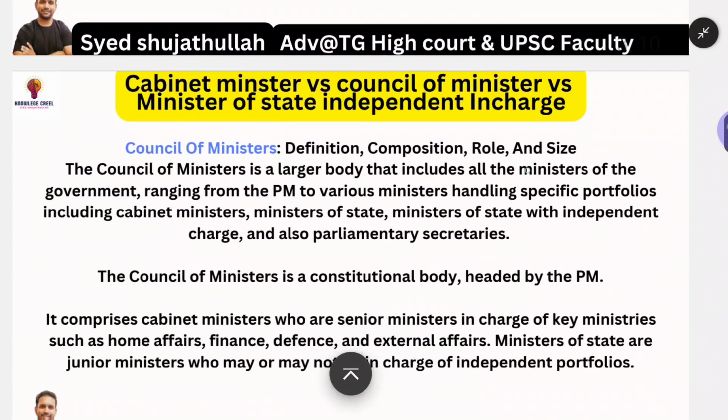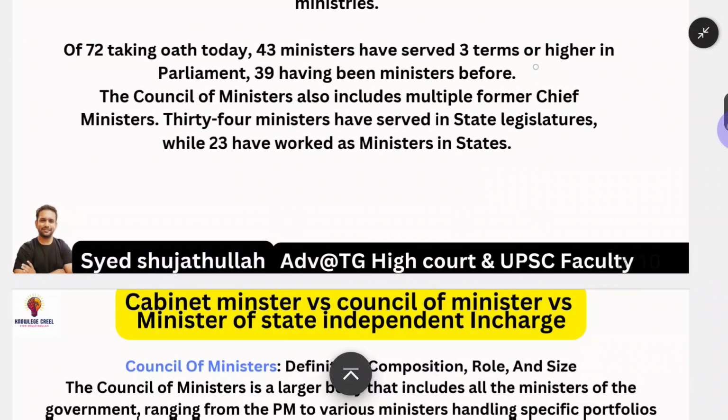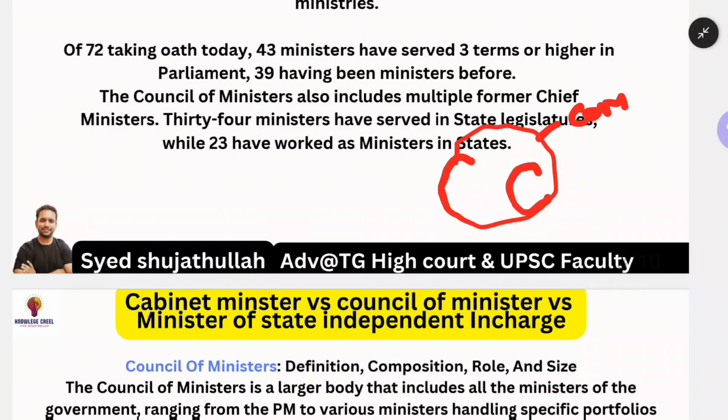Now we will talk about the difference between the cabinet ministry, the council of ministers and the minister of state with independent charge. One important diagram I want to draw here. The council of ministers is the bigger umbrella. In that you will have cabinet ministers, and the cabinet ministers are the highest rank ministers.